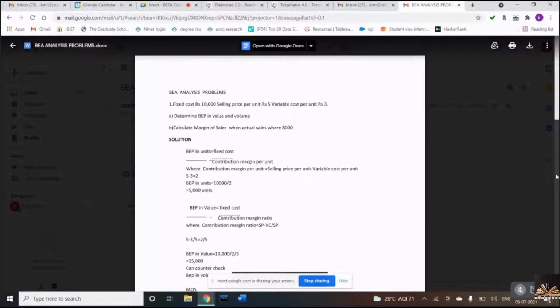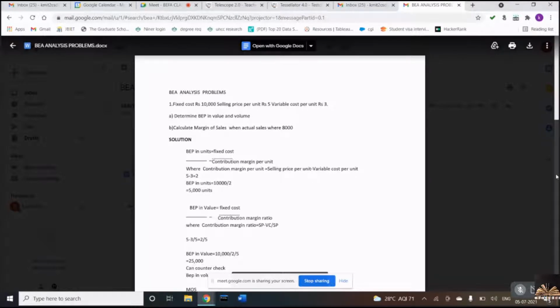Calculate break-even point in value and volume. Calculate margin of safety when actual sales were rupees 8,000.